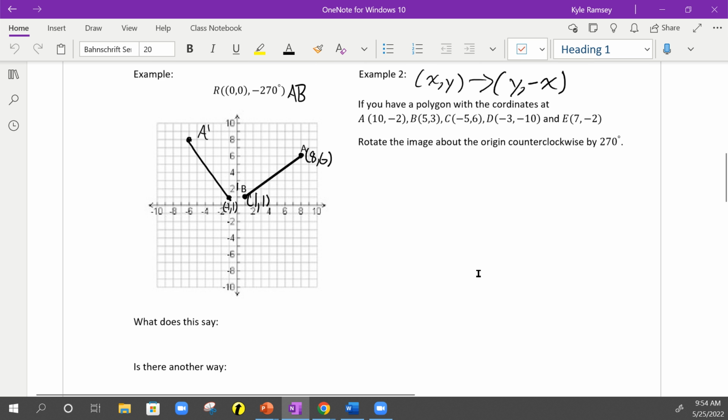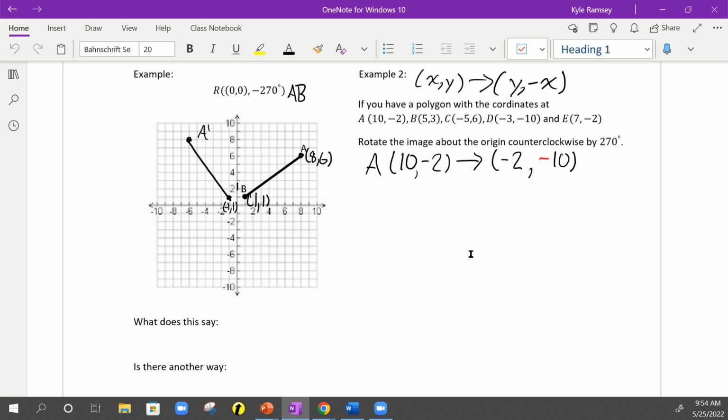Okay. So for A, we have 10, negative 2. That becomes negative 2, 10. But the rule says we need to take the opposite of the second one. And that's all we need to do.